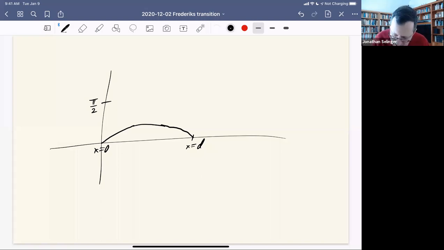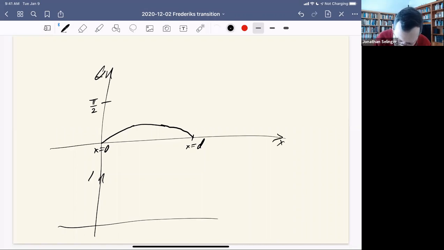Or maybe it just wouldn't go up at all, right? Maybe for a different plot, this is theta of x. And then here's another one, theta of x, if x equals 0, and here's x equals d. Maybe it'll just stay right there, okay, and not tip over at all. That could happen too. One way to solve this problem is numerically, right?